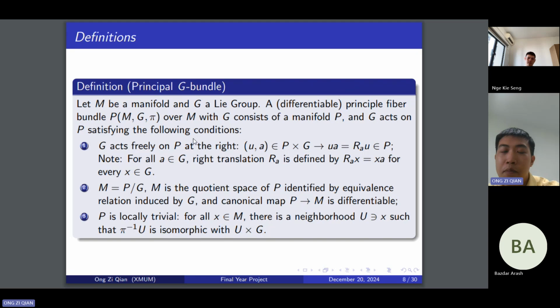There are some equivalent meanings: we choose one U from P and A from G, then U multiplied by A should be in P, or we say A acts on U on the right side.